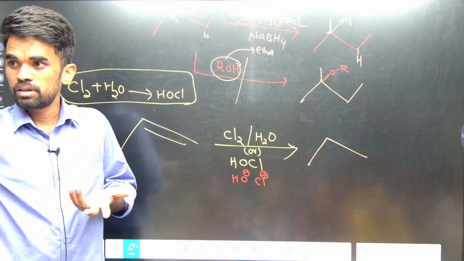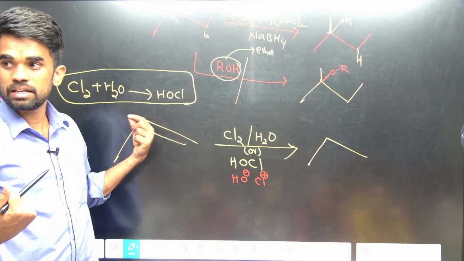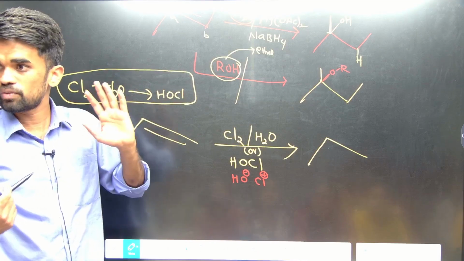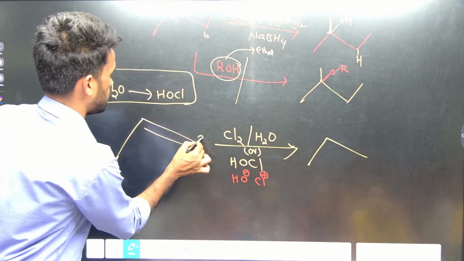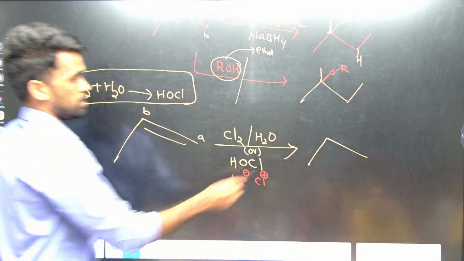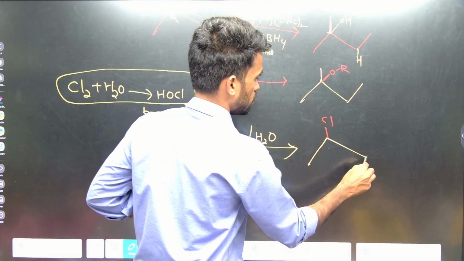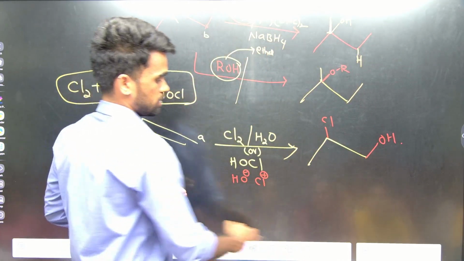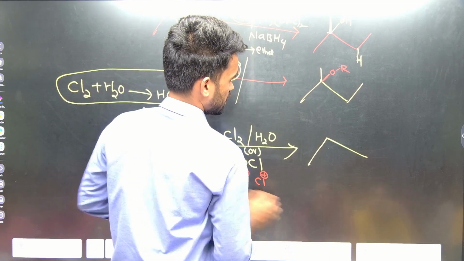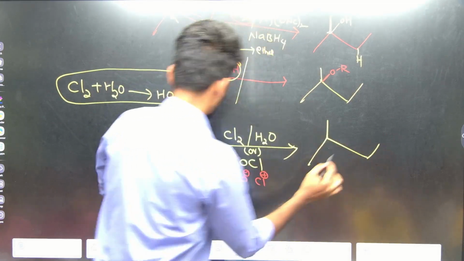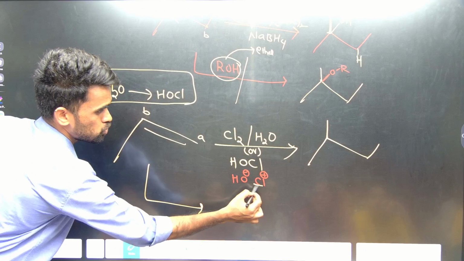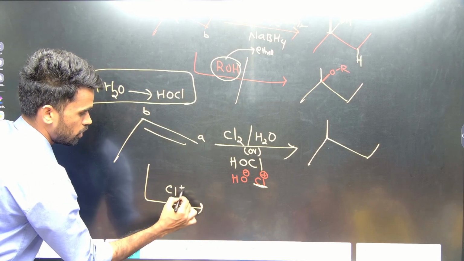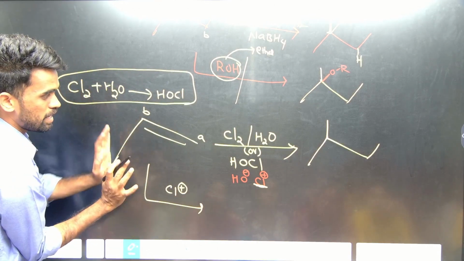Same. First add the electrophile. So what is that rule? Markovnikov rule. Okay, listen here. What is the positive part? If you add this, where should I add?